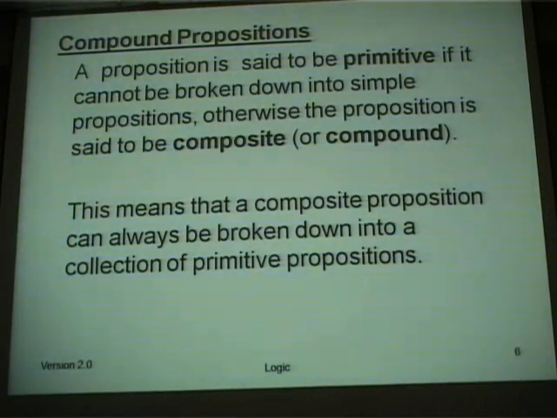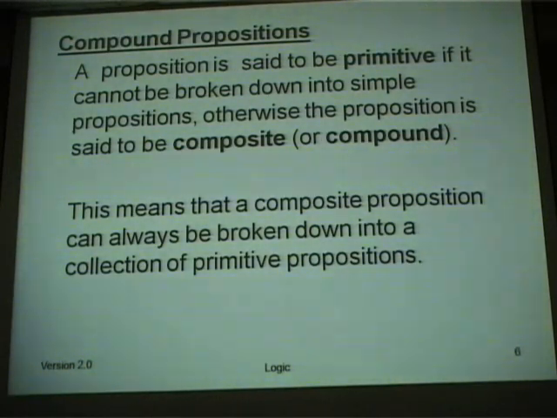Practically, even when you argue with your friends, you never use only a primitive proposition. You use a set of sentences to convince that person. You can't convince a person of something using only one primitive. You have to use a set of primitive propositions to convince. So therefore, usually we deal with compound propositions. What is a compound proposition or composite proposition? Both are the same.